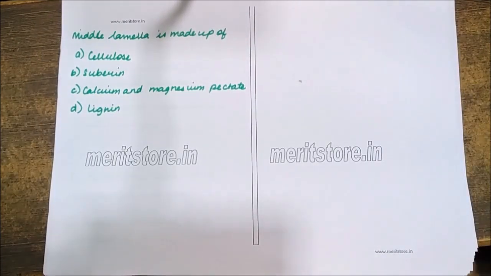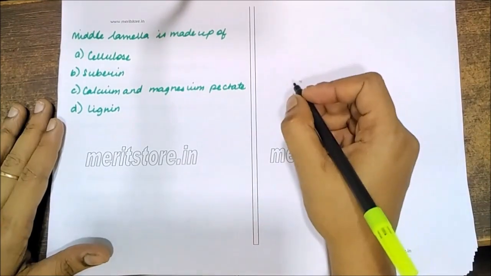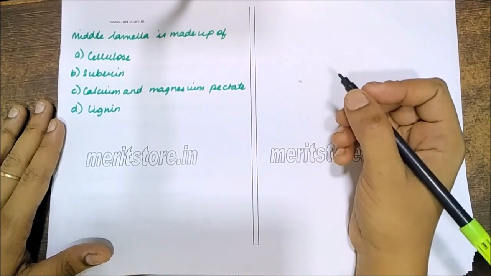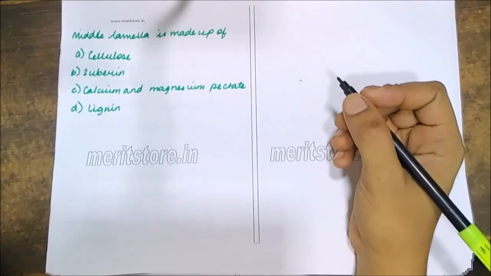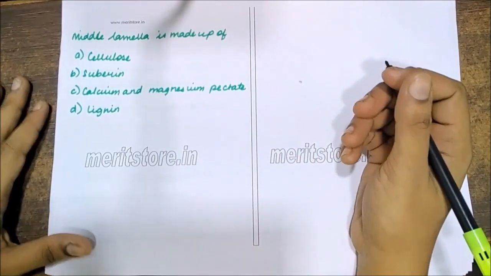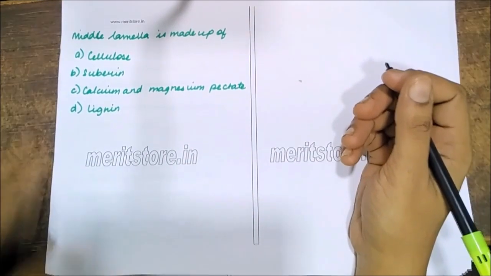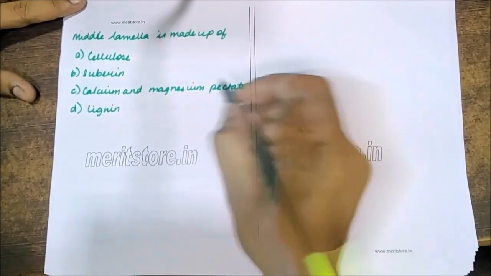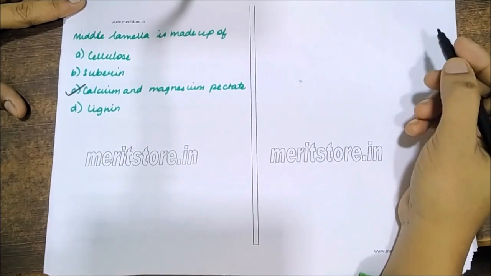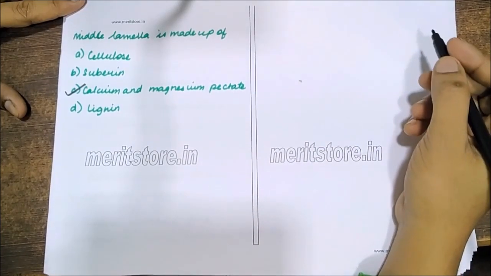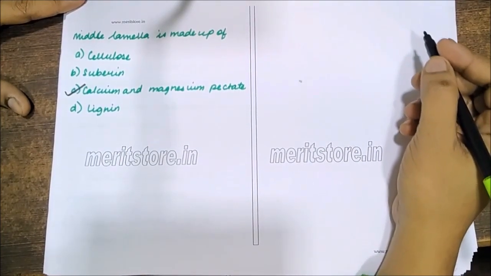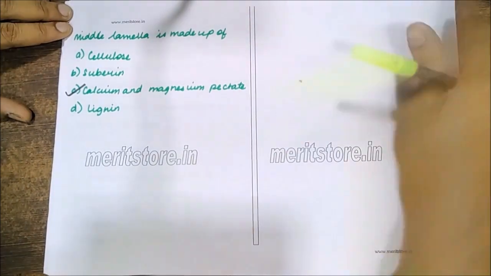Next. Middle lamella is made up of calcium and magnesium pectate. Next question.